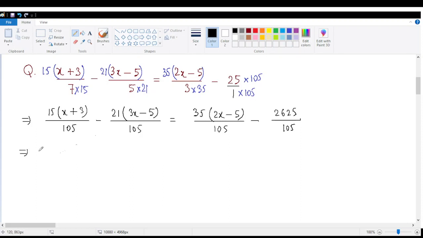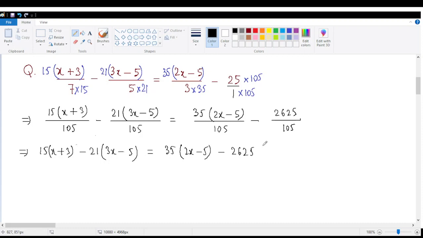15 times (x plus 3), minus 21 times (3x minus 5), equal to 35 times (2x minus 5), minus 2625. Let us simplify them. I have already discussed the method: you have to put the numbers in front of the bracket without removing the bracket.